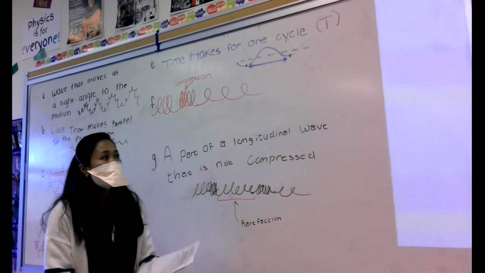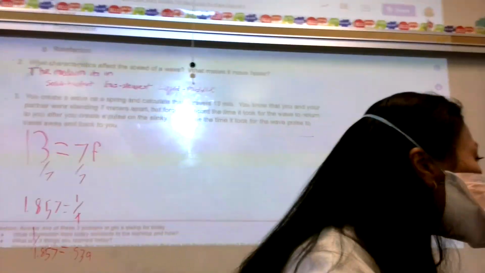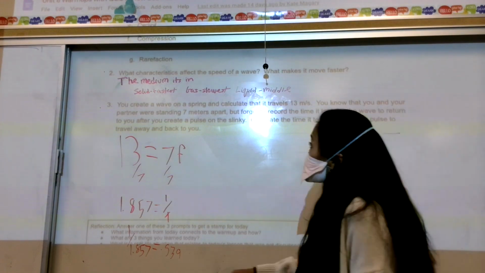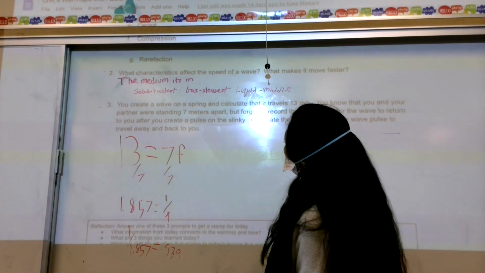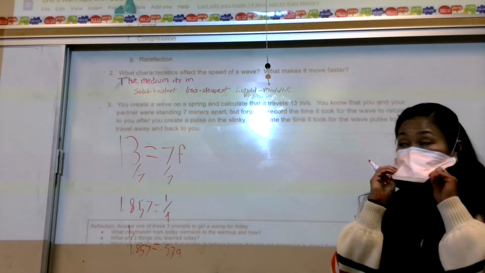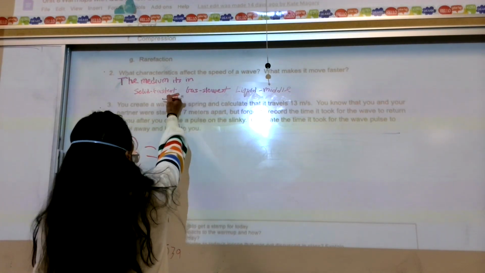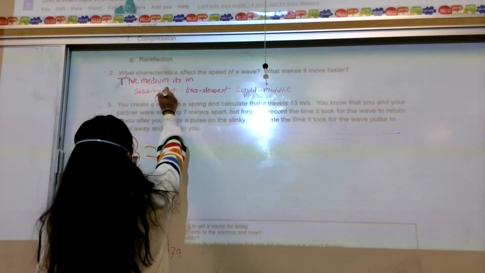Okay, let's do some problem solving. We had a lab that had us test different characteristics of a wave to see which one moved faster. If the medium is solid, gas, or liquid, this is talking about sound waves.